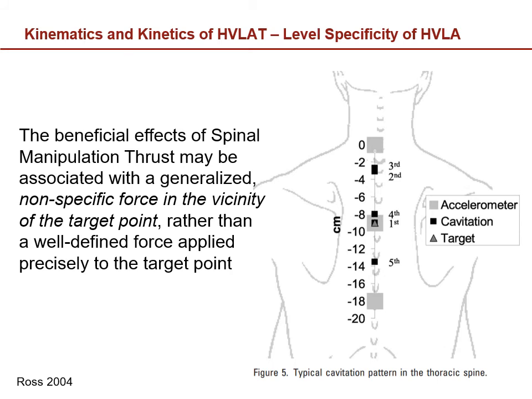The small black squares demonstrate the different cavitations, and you can see that though a couple were quite precise to the target level, there were also two that occurred well above, several segments above, and then also several segments below, almost 4 centimeters below and almost 6 above.